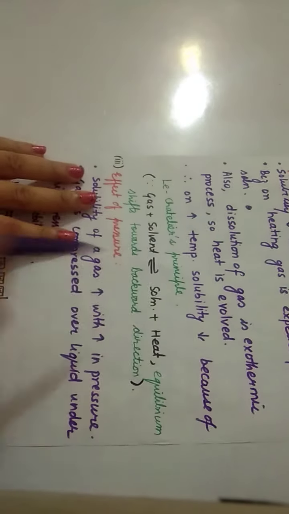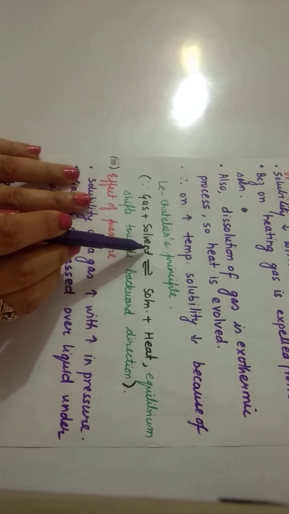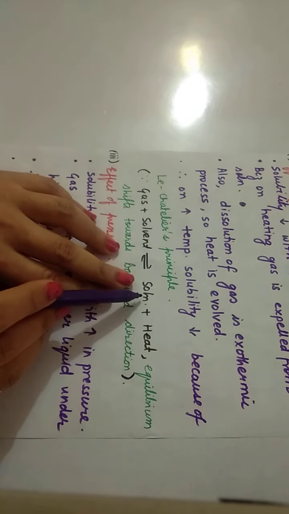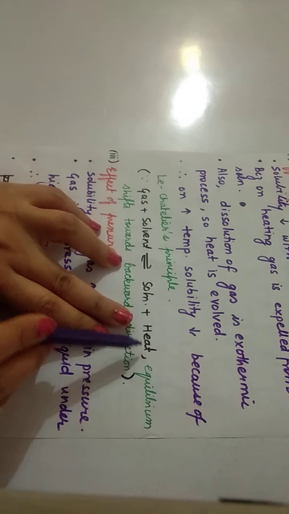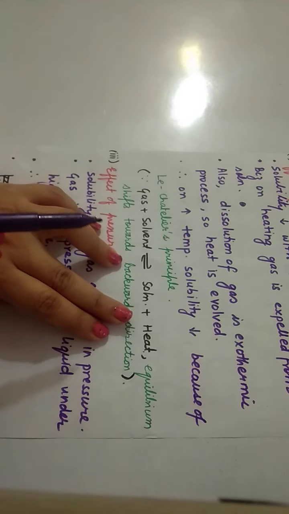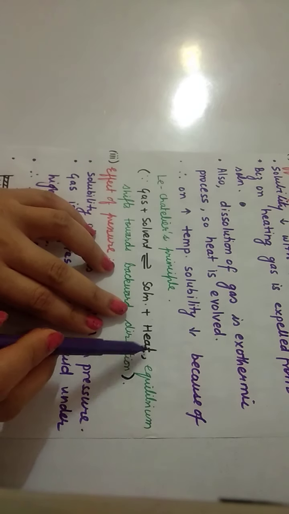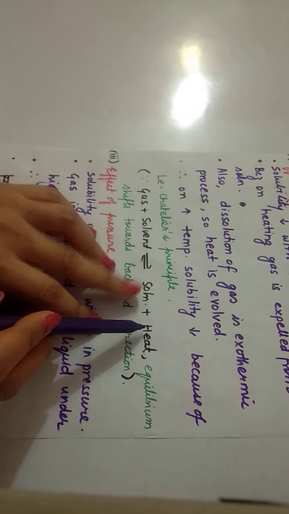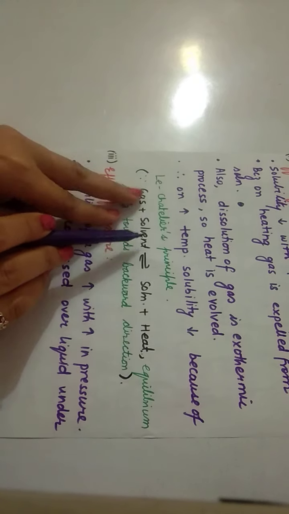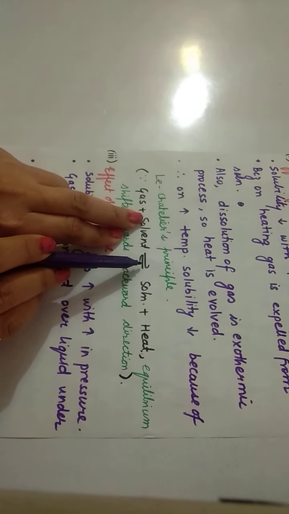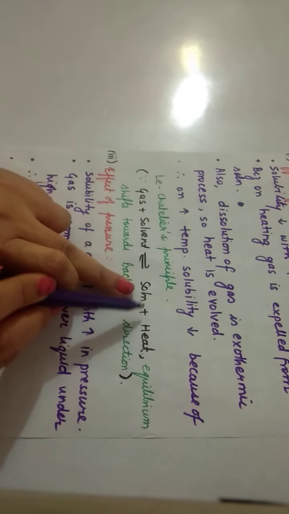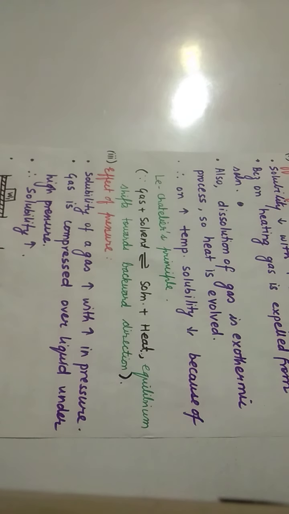That is, when gas is dissolved in a liquid, that is solvent, then solution plus heat is produced because the reaction is exothermic in nature. So if you increase the temperature, then the equilibrium shifts in the backward direction. So you have to decrease the temperature so that the gas will dissolve in the given solvent easily.